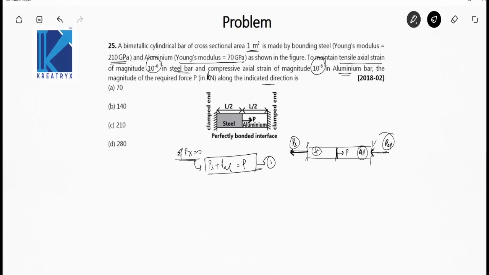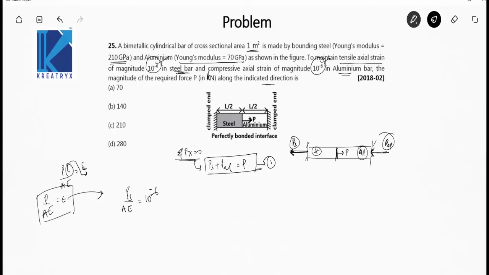Now they have given us the strain in the steel bar is 10 to the minus 6, and the magnitude of the strain in the aluminum bar is also 10 to the minus 6. So PS by AE is 10 to the minus 6, because PL by AE is delta, and if I take L below delta, this will give me strain.